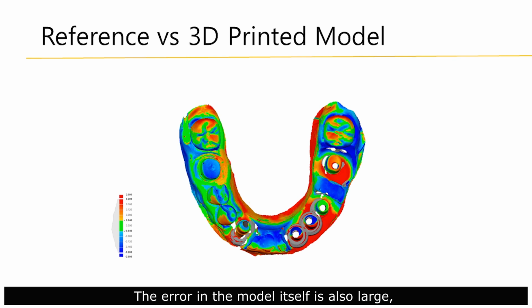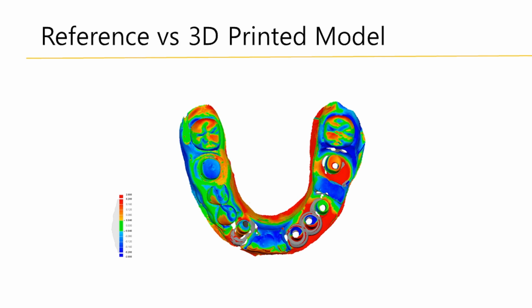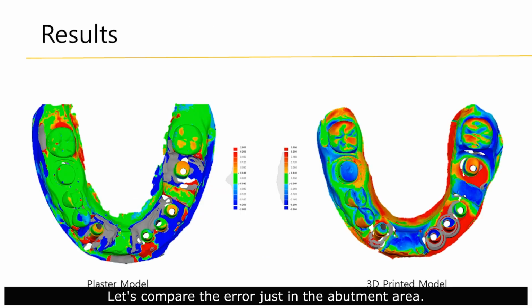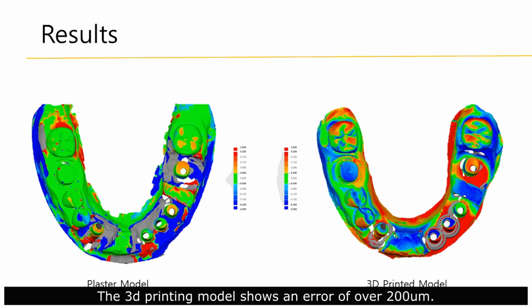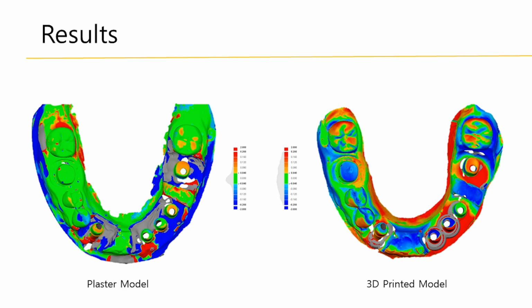The error in the model itself is also large, so it is not advisable to use it in a large model like this. Let's compare the error just in the abutment area. The plaster model has an error of about 80 micrometers. The 3D printing model shows an error of over 200 micrometers.